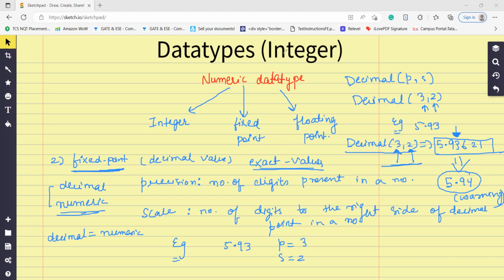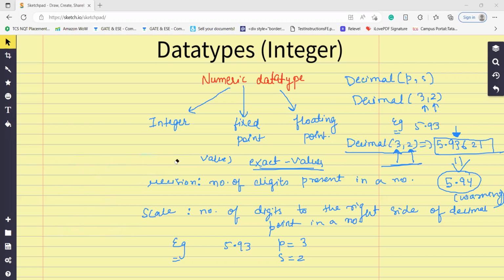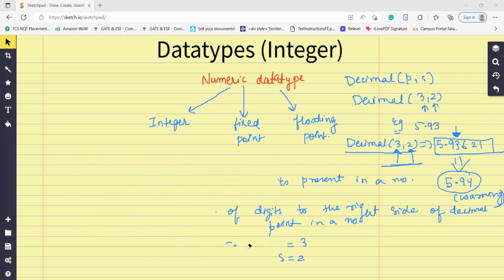Okay, now let's talk about floating point. So again, let me quickly erase all of these things. Floating point is kind of similar to fixed point with some differences that we are going to talk about right now.